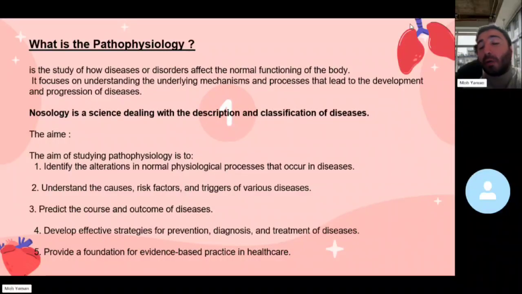We have no idea about the mechanism, how the disease can be developed. So all the diseases, all the illnesses have been experimented on animals.